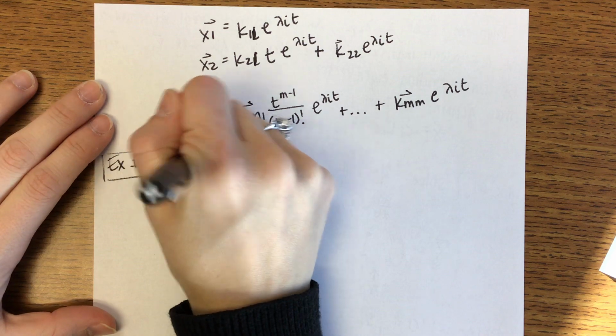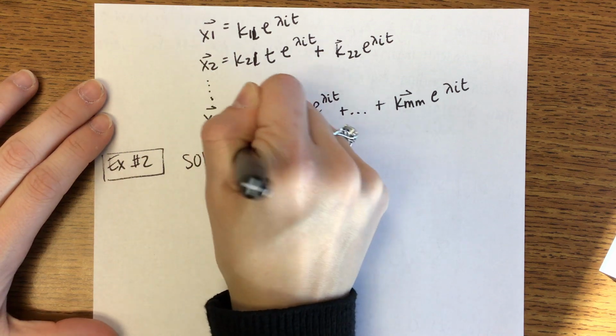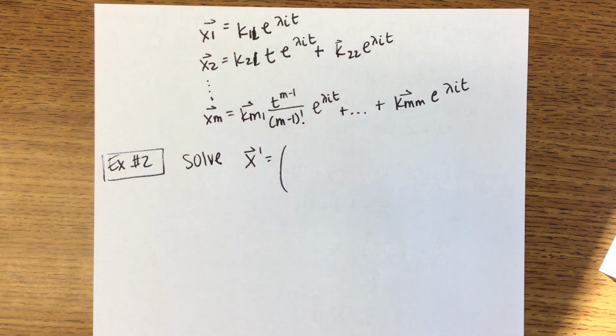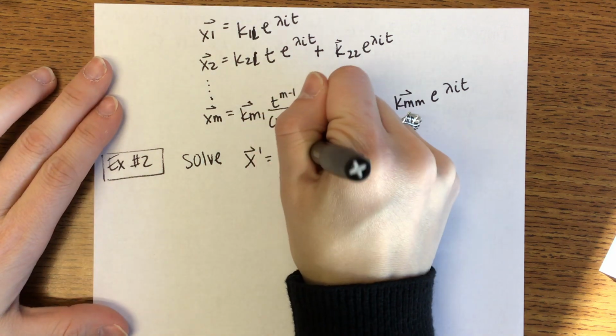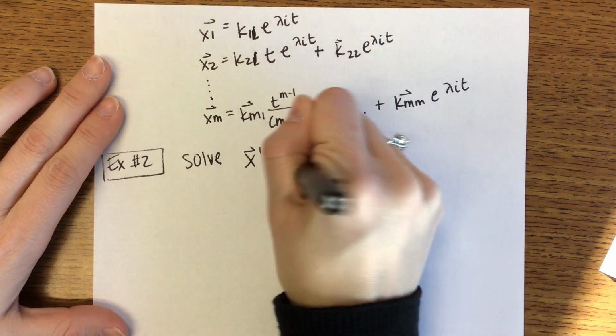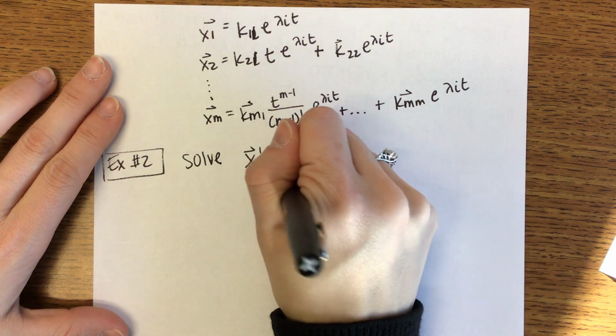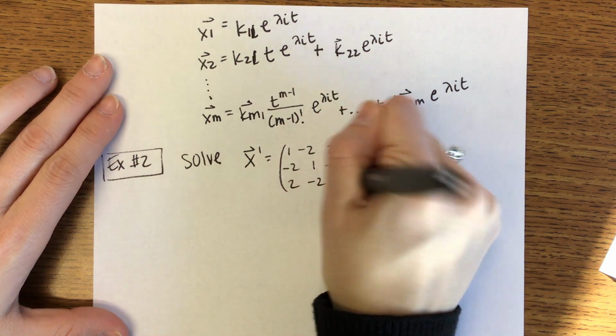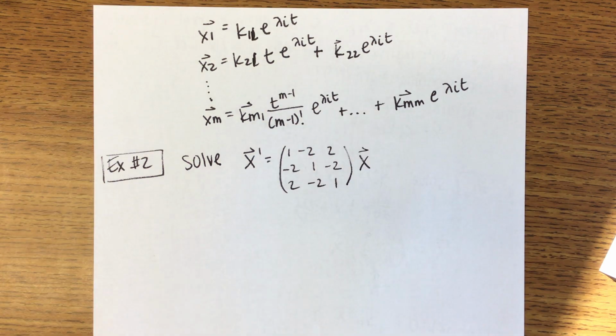Okay, second example. We are solving X prime equals the 3 by 3 matrix 1, -2, 2, -2, 1, -2, 2, -2, 1. You all are comfortable finding eigenvalues and eigenvectors if I asked you to.